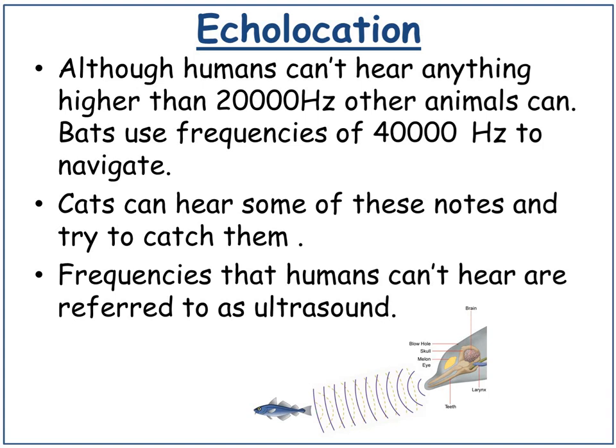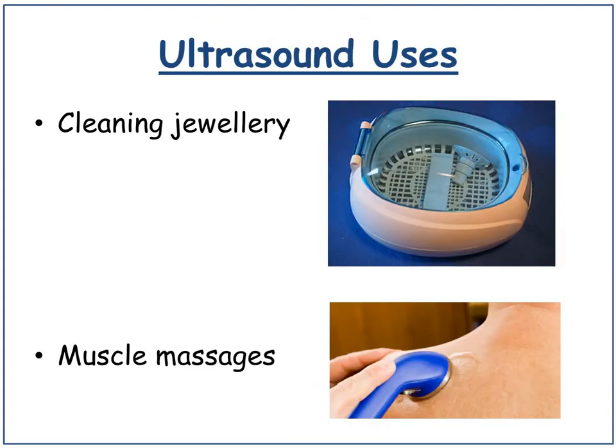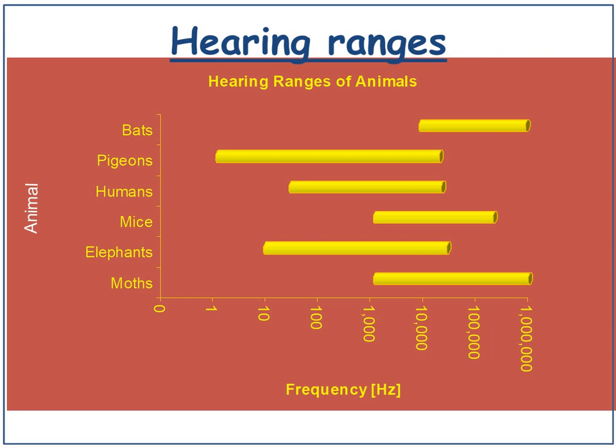The definition of ultrasound is frequencies that humans can't hear. So ultrasound uses: one of the uses is cleaning jewellery, removing the dirt particles off jewellery. Another use is muscle massages.